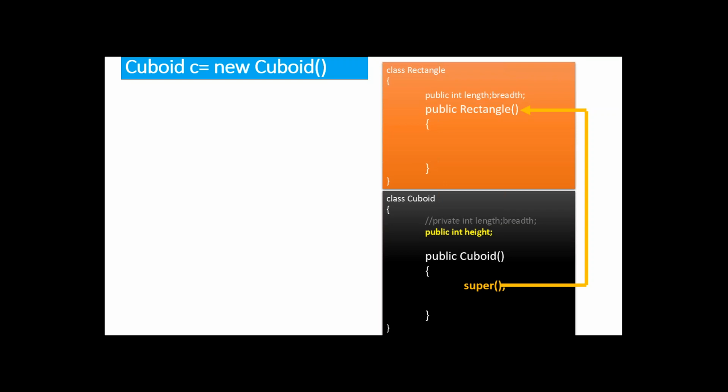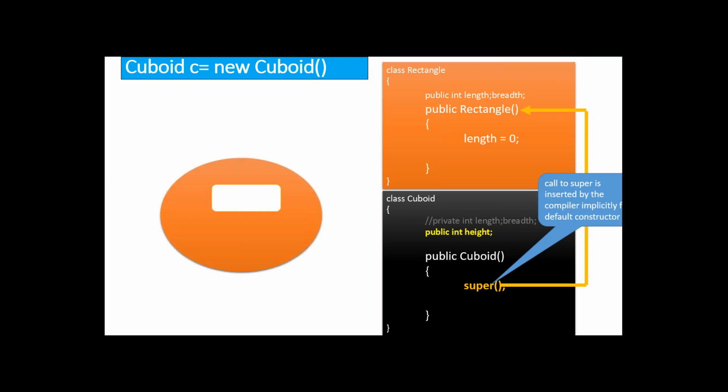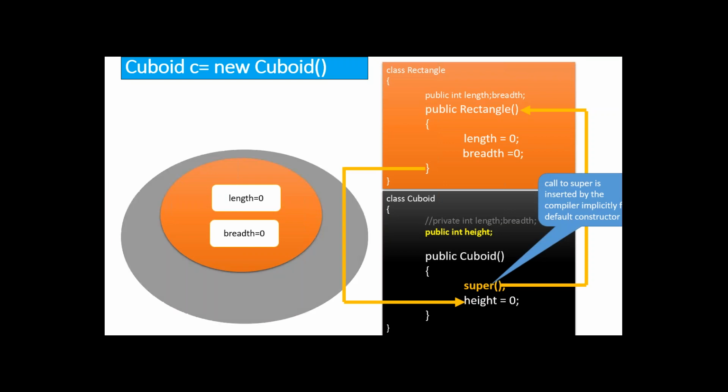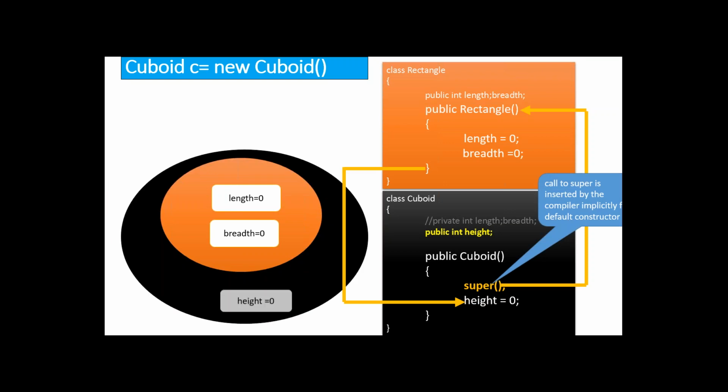So the compiler will insert the call to super, wherein it executes the code for the constructor from the superclass. So again, same process. Length is 0 and then breadth is 0. Once this is initialized, after your parent class object is created, then the compiler will create the object for your child class, where it initializes the additional attributes of the child class. Is this process clear?